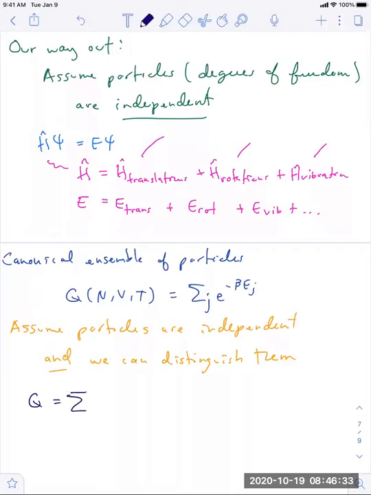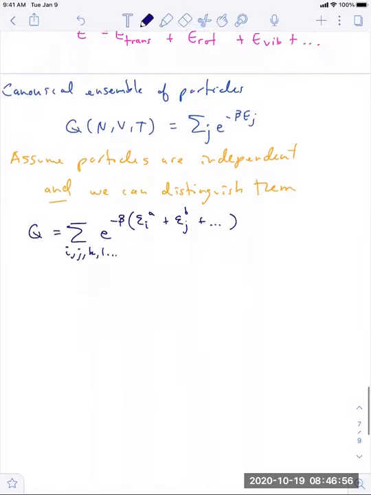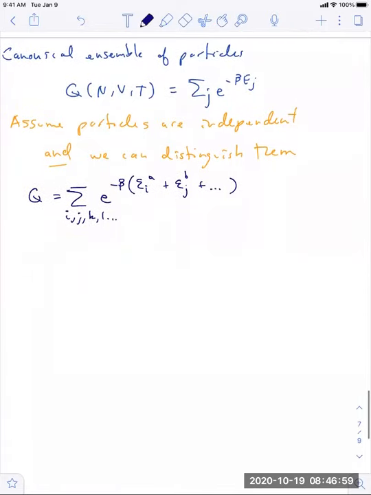By dividing up this energy and also dividing up each of the states. So I can say this is the exponential of beta times now these single particle energies, epsilon sub i for particle A, epsilon sub j, the energy of state j for particle B, and so forth. Then, because it's an exponential, sums in the exponential, I can rewrite this as a product of sums.